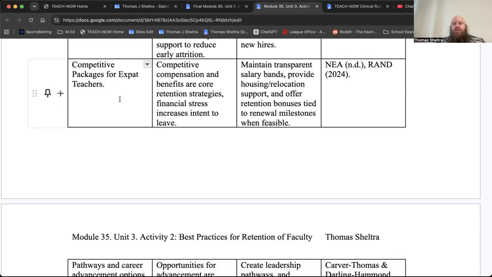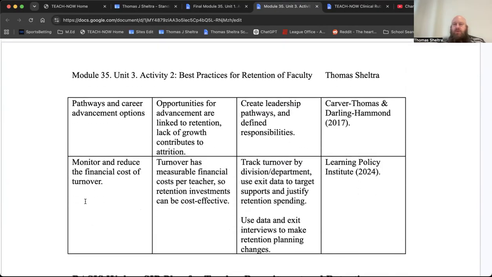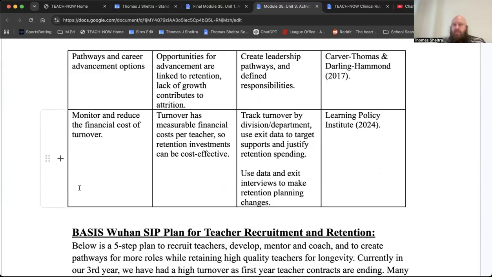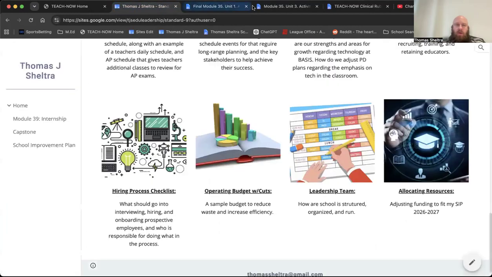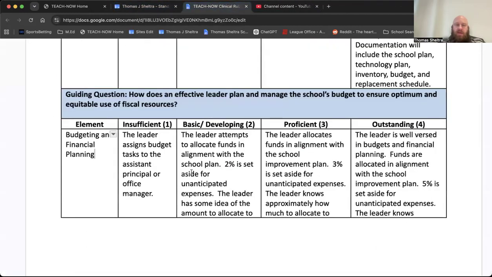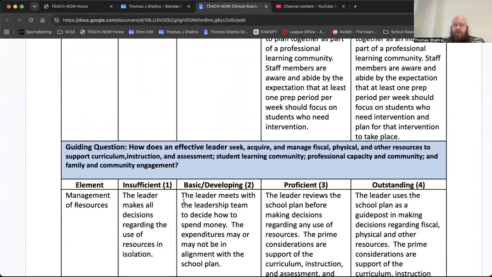There's a whole host of reasons why teachers leave, and therefore my priority changed to more the observation and mentoring, making sure we can give teachers the tools they need to feel comfortable in their teaching and want to stay. So that was for standard 9.